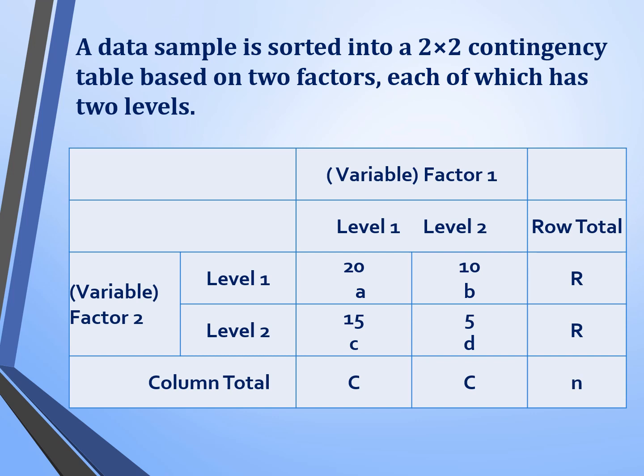The degrees of freedom here equals number of rows minus 1 multiplied by number of columns minus 1. So for this example, or for this table, the degrees of freedom equals 1. After that, we are going to find the tabulated chi-square value and compare it with our calculated chi-square value to interpret the results.